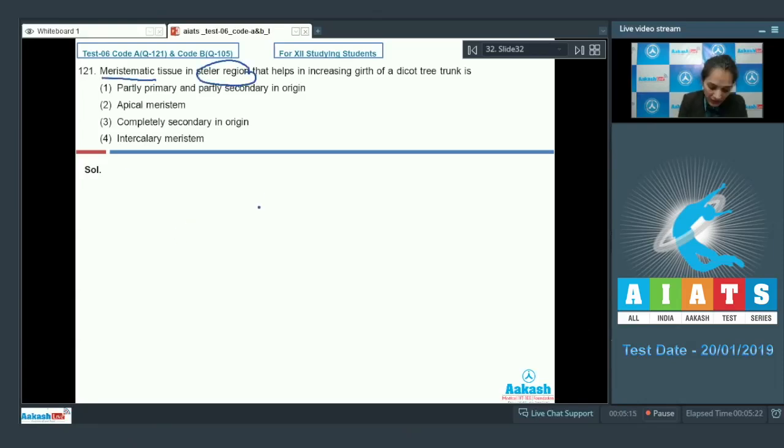What is stele? If you see this diagram which I'm showing you, it is pit. Here, these are the vascular bundles, and it is the pericycle.